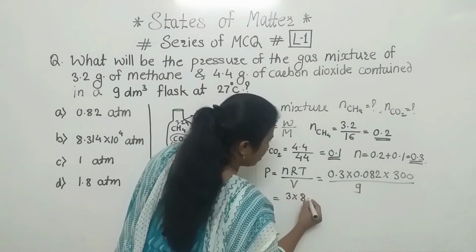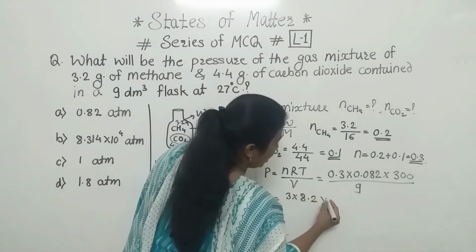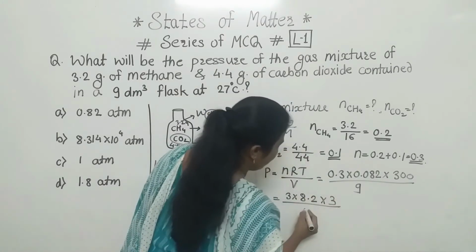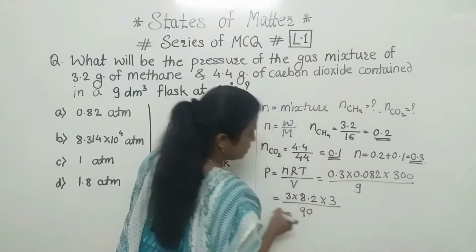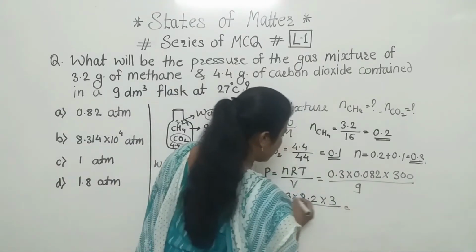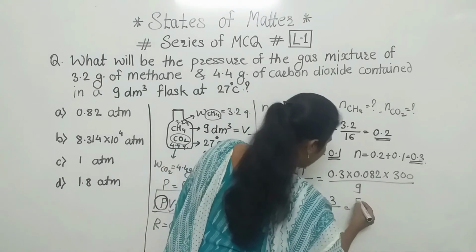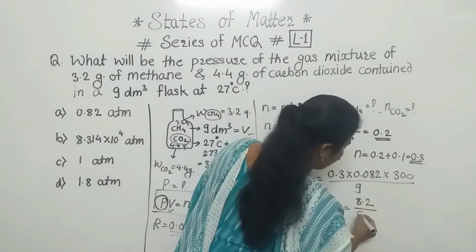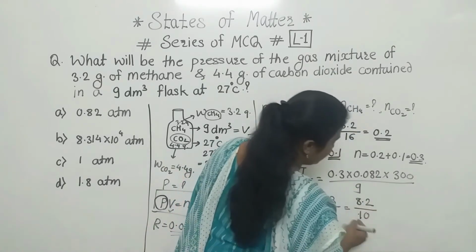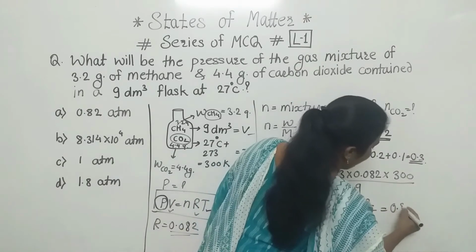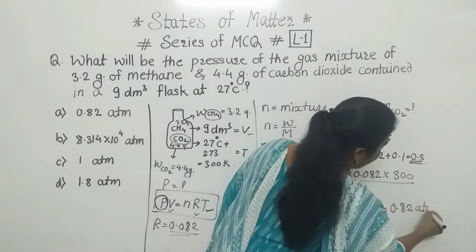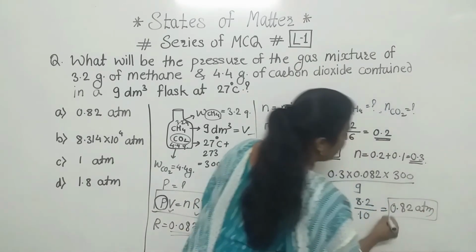So 8.2 into 3 divided by 90. So what will be the answer? 3 3s are 9, means 8.2 divided by 10, and that is nothing but 0.82 atmospheric pressure. This is our answer.